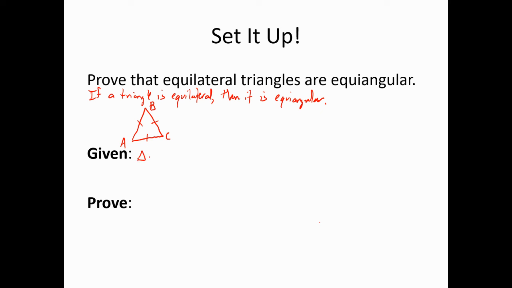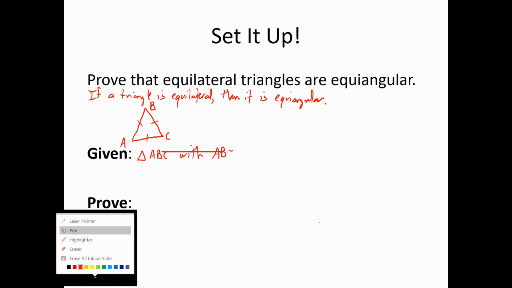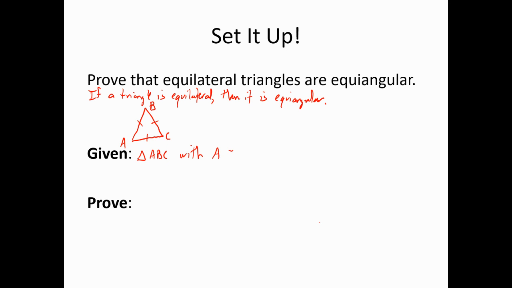Okay, so triangle ABC with AB equal to BC is equal to AC.